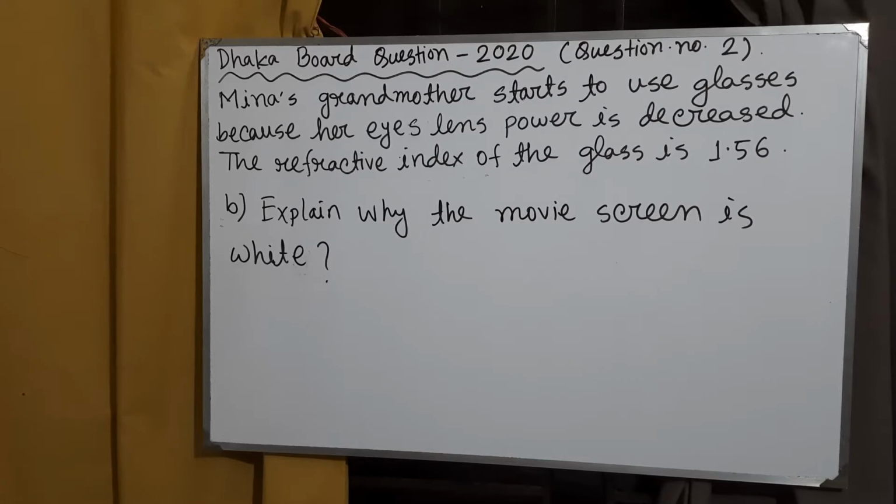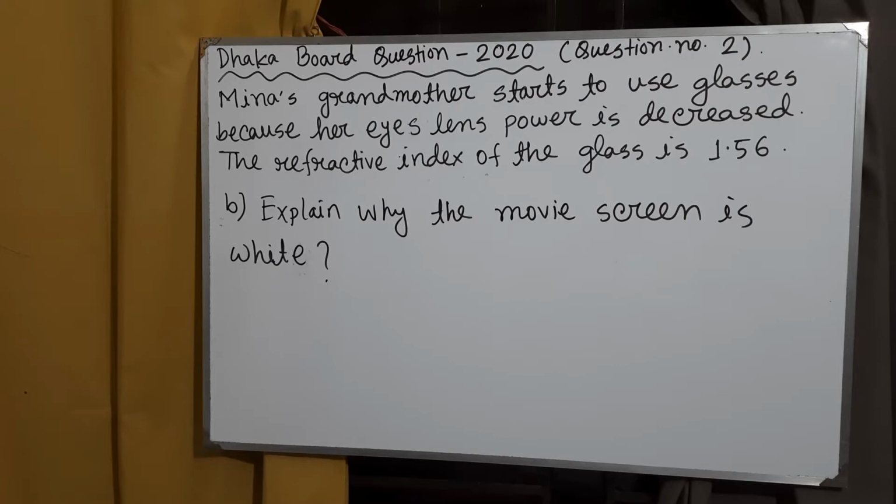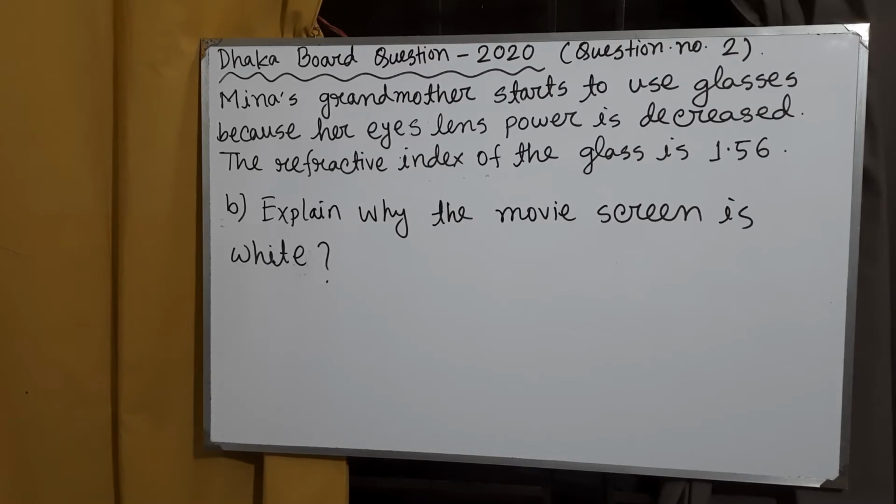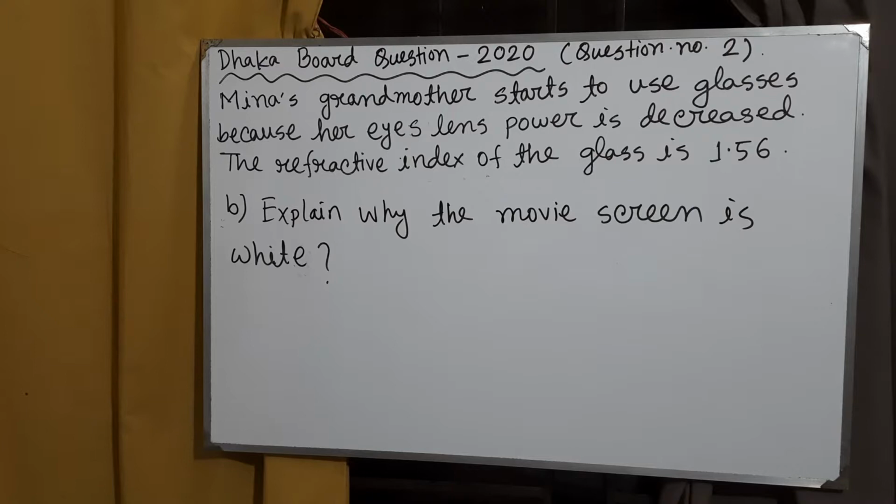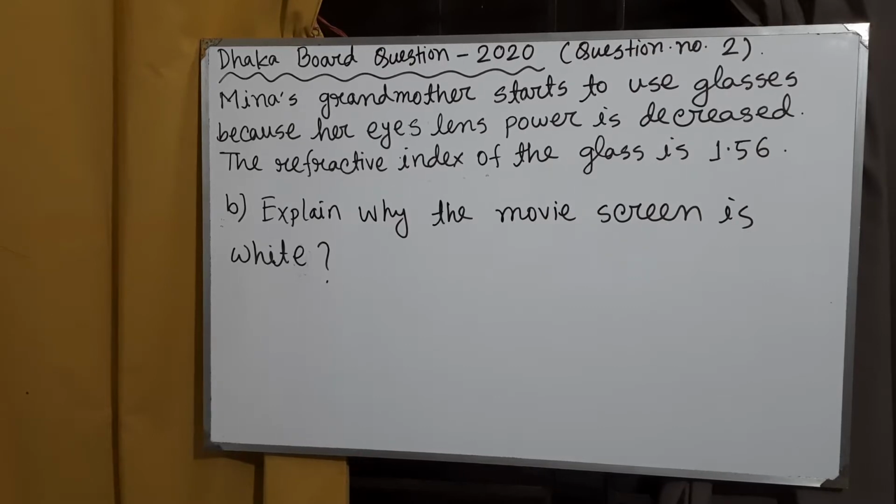Our question B is, explain why the movie screen is white. I think all of us have experience of enjoying a movie in a cinema hall. There we see that in the cinema hall we have a big white screen.